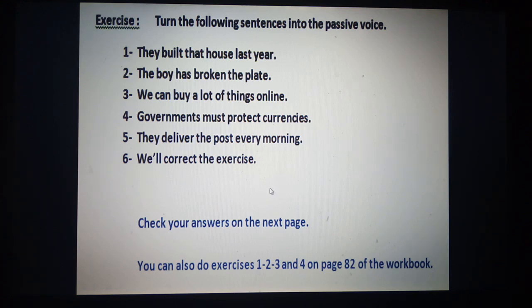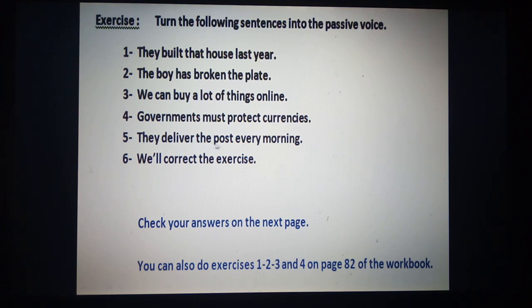Now here is an exercise. Turn the following sentences into the passive voice. The first sentence, they built that house last year. Mind the tense here. The boy has broken the plate. We can buy a lot of things online. Governments must protect currencies.